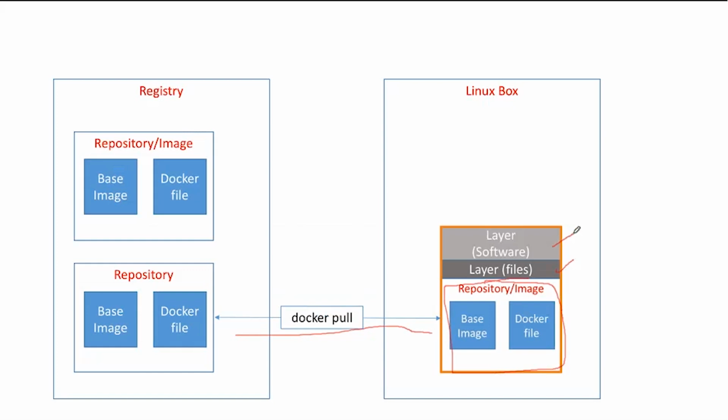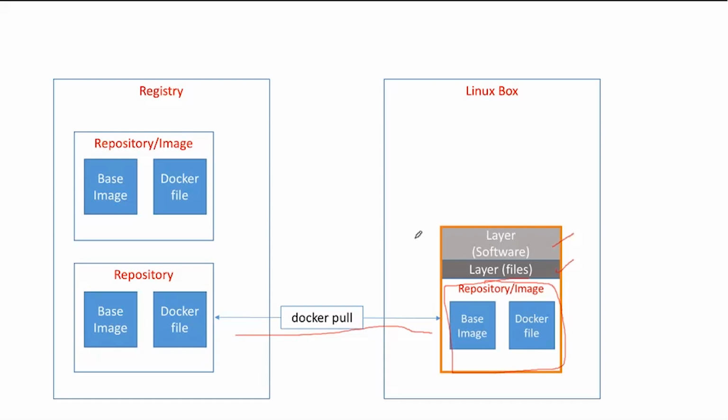Excellent, Pradeep, you're absolutely correct. Docker history is one way to take a look at them. Another one is Docker inspect as well. So you can take a look at these layers, which represent what's been built on top of the base image, okay?